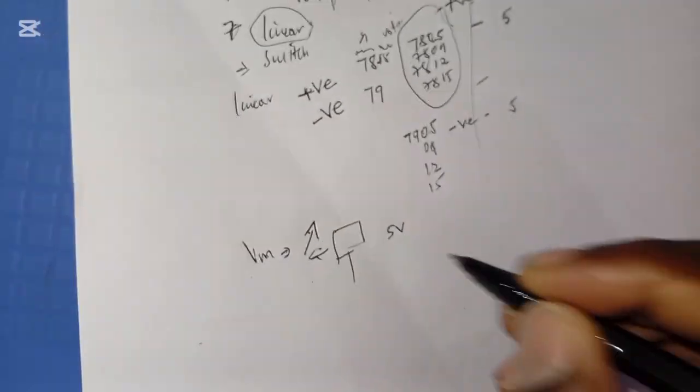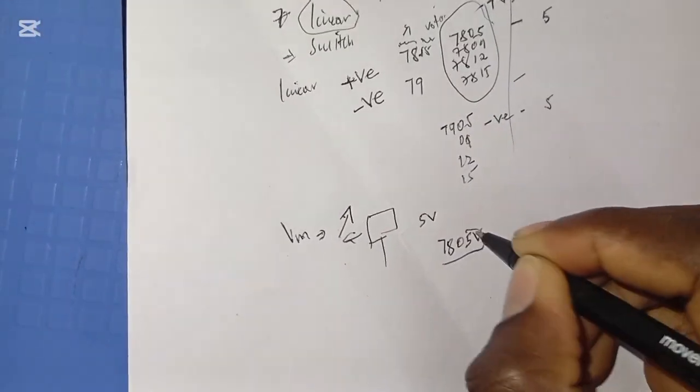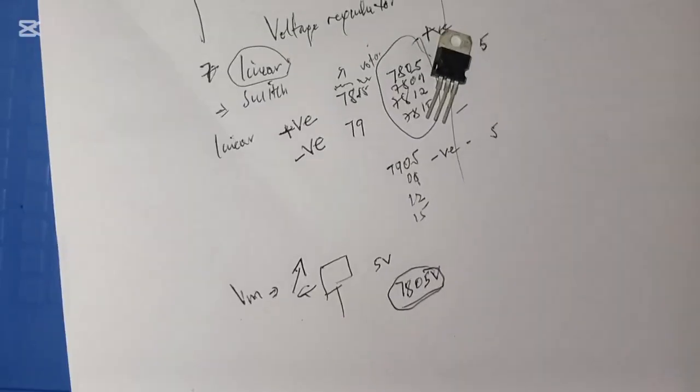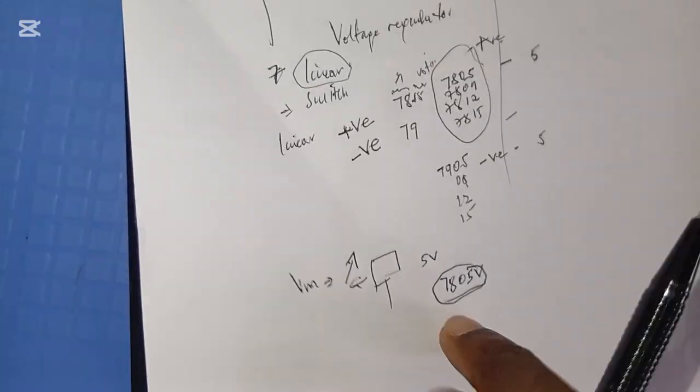In this case, we need 5 volt at the output, so we'll go for the 7805 IC, the integrated circuit, I'm showing it here. It has 3 pins. I'm going to show you how to connect it. So a positive voltage. If it's 9, you go for 7809, 12, 7812, 15, 7815, and so on.